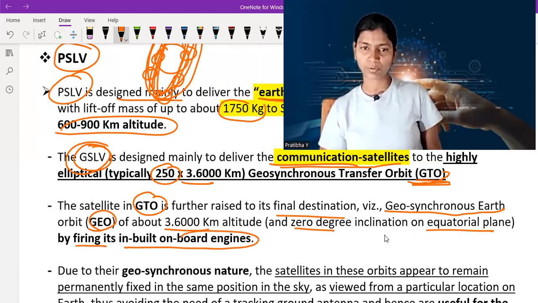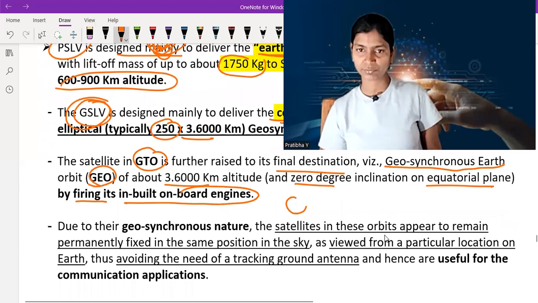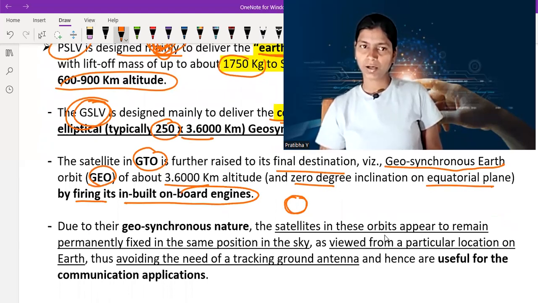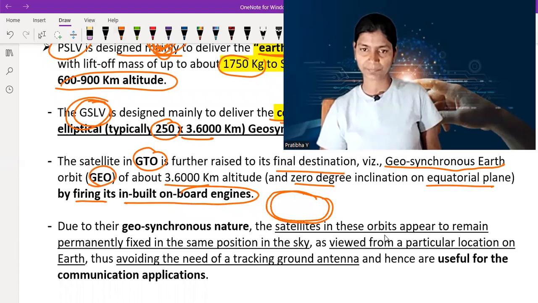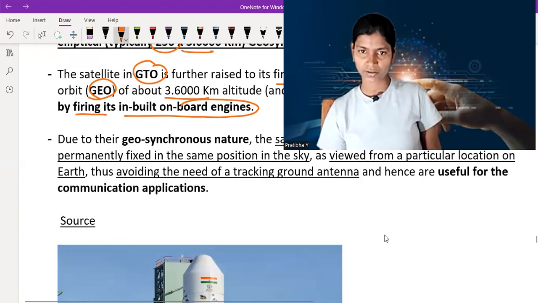Let me clearly draw the picture. Let's say this one is Earth. We use GSLV to launch a satellite into GTO, geosynchronous transfer orbit. Let's say here is our satellite.